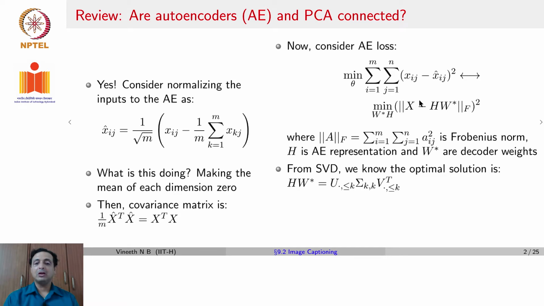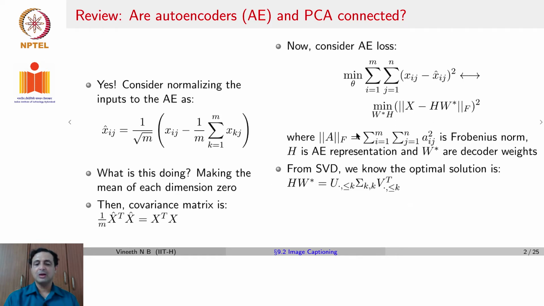We know that for a loss function written this way, H W star, using SVD, can be written as U sigma V transpose, where you consider only the k columns of U and V transpose with a non-zero singular value. That's what we are writing this H W star as.